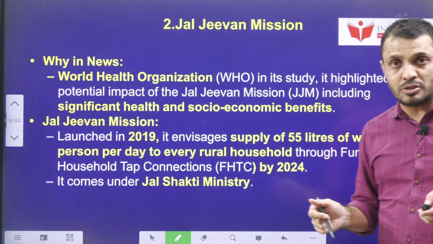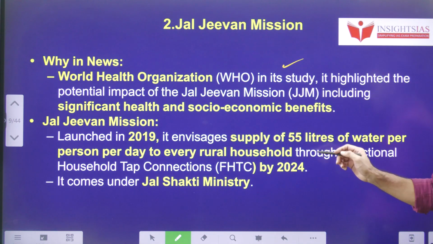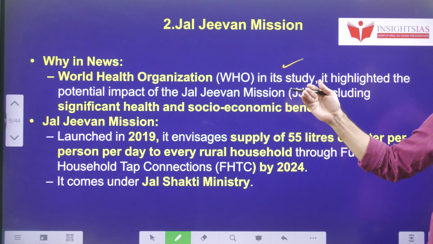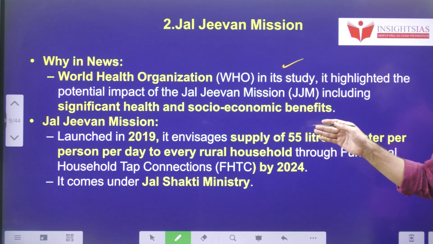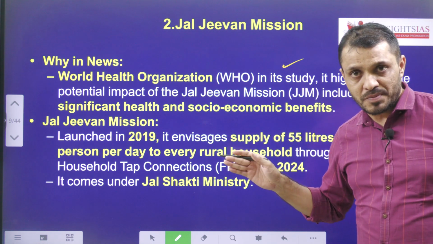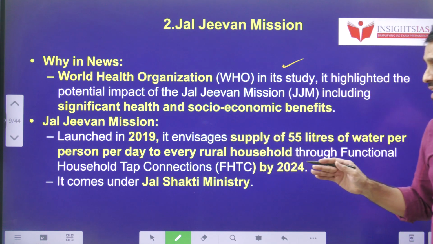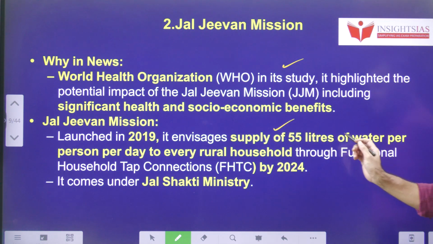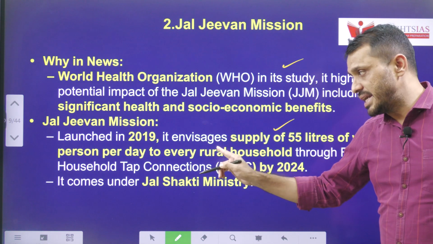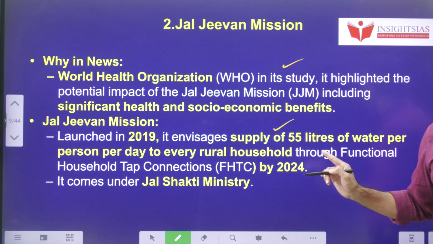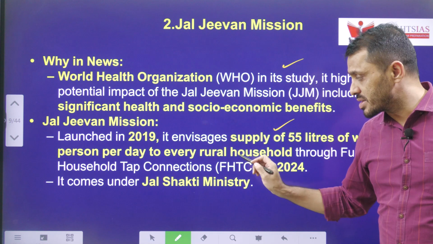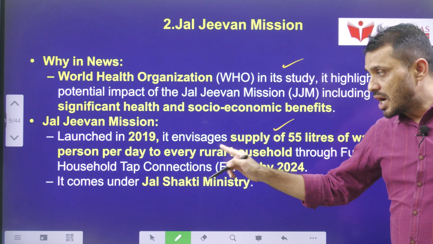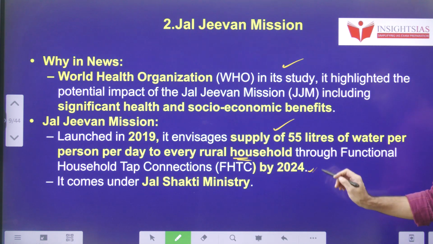Now, let us see some of the achievements of this scheme. The World Health Organization, in its study, observed that the Jal Jeevan Mission has a significant impact on the health as well as the socio-economic profile of the people. This scheme was launched in 2019, and its main objective is to provide 55 liters of water per person per day to every rural household. Initially, it was launched with a focus on rural households, and the target is providing household tap connections by 2024.